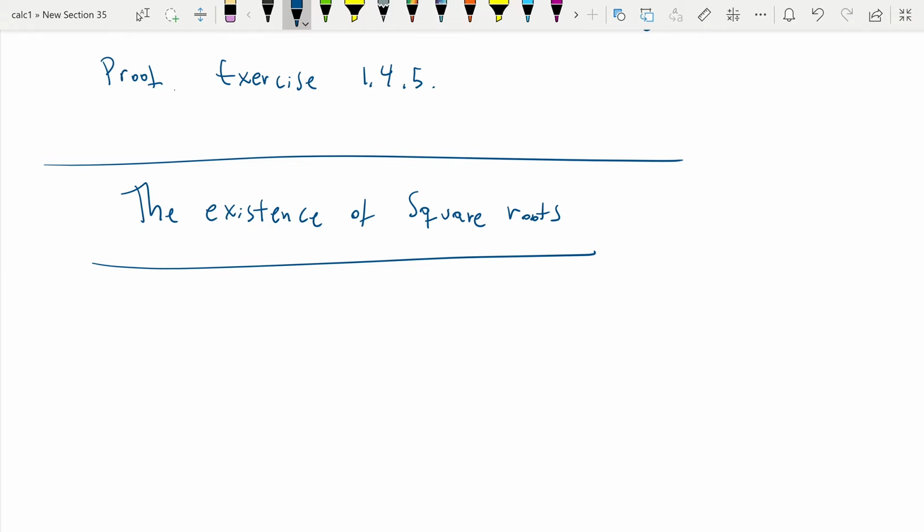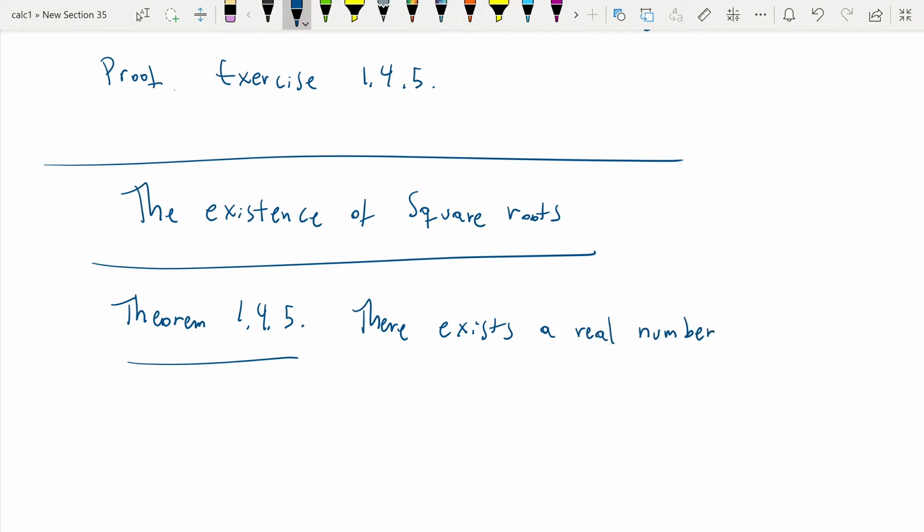Okay, so what is the theorem? Theorem 1.4.5 says that there exists a real number alpha, meaning alpha is in R, satisfying alpha squared is equal to 2.